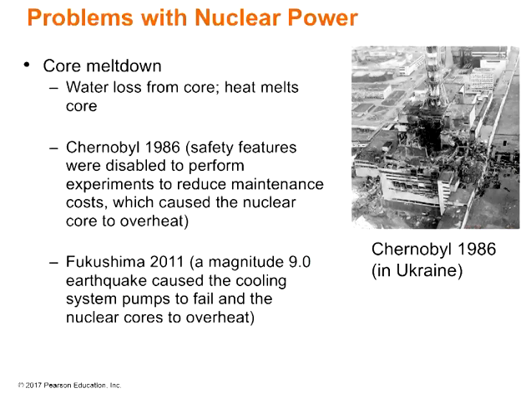So this has happened a few times, but a couple of infamous examples, not good examples, are Chernobyl and Fukushima. In Chernobyl in 1986, they had disabled some safety features, allegedly, to try to see if they could reduce maintenance costs.